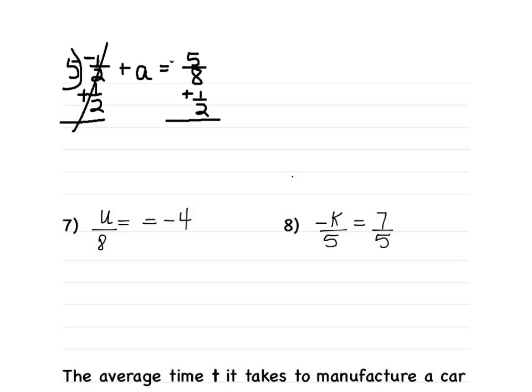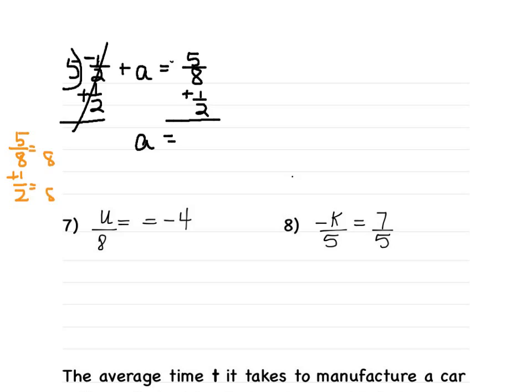Okay, so negative 1/2 plus 1/2 is 0, cancels out, and a comes down alone, equals 5/8 plus 1/2. Let me go ahead off here to the side in a different color. Just go ahead and remind you how we add 5/8 plus 1/2. We need a common denominator.